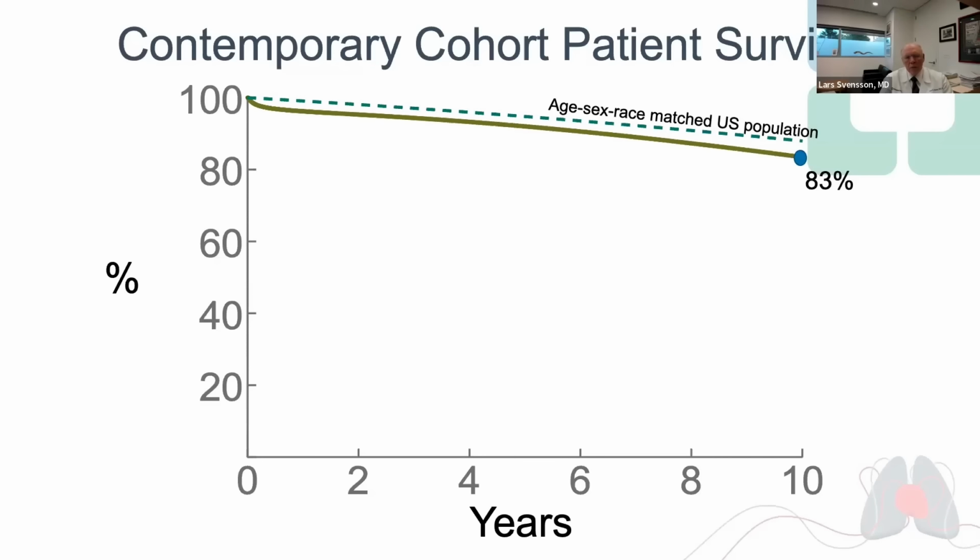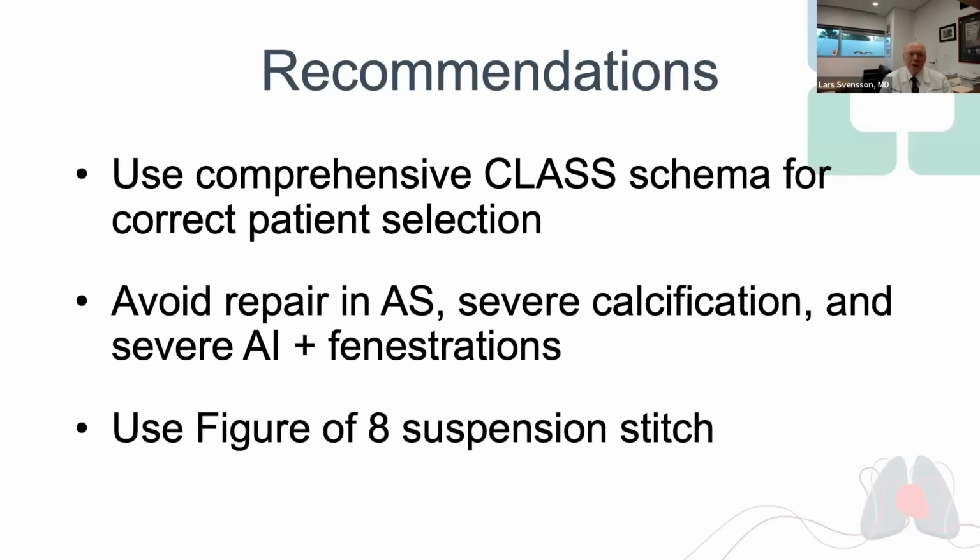And so I often say to patients, I haven't had a death after an aortic valve replacement for the last 10 years. So the results here at the Cleveland Clinic are really good with the replacements and the repairs, and your life expectancy should match the rest of the United States.